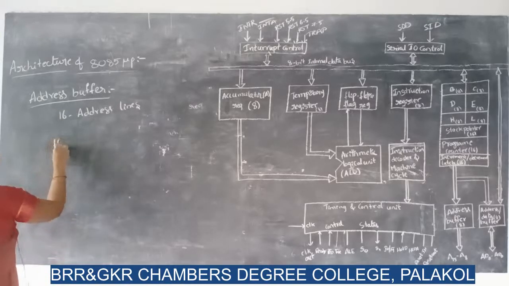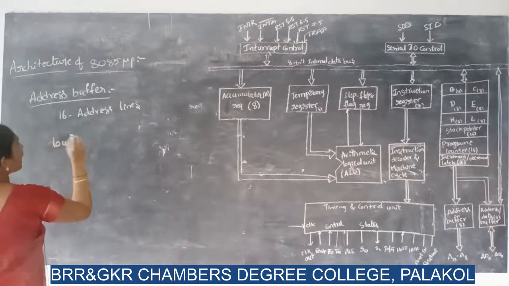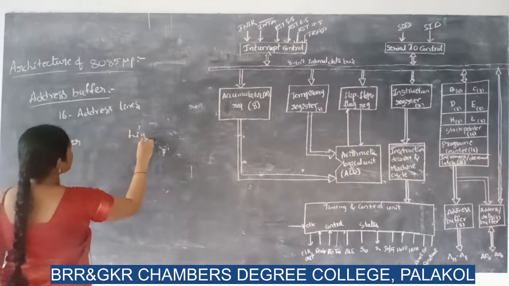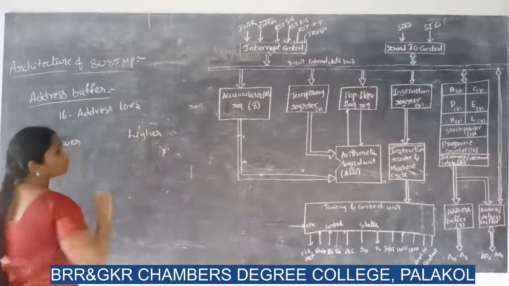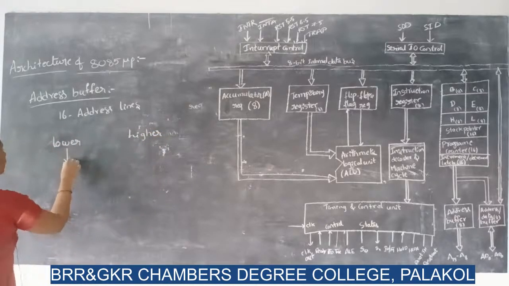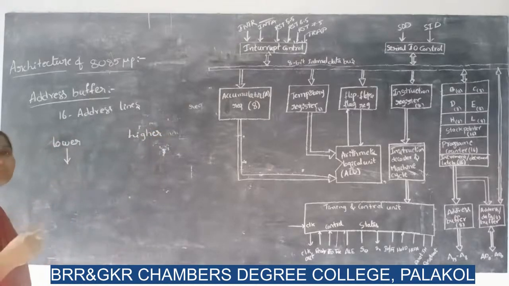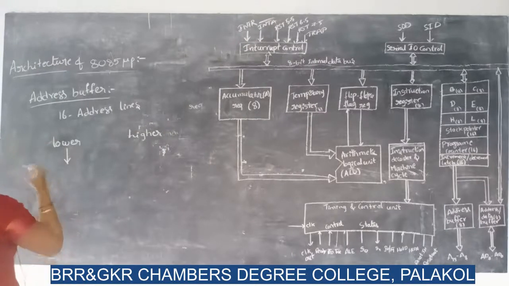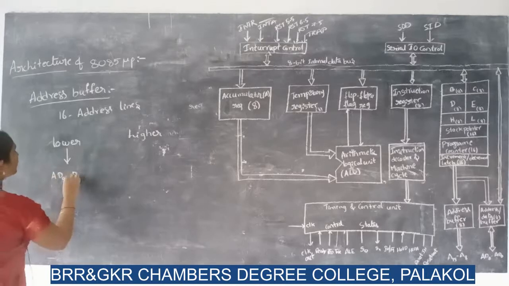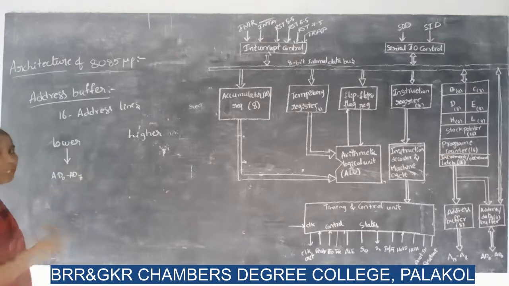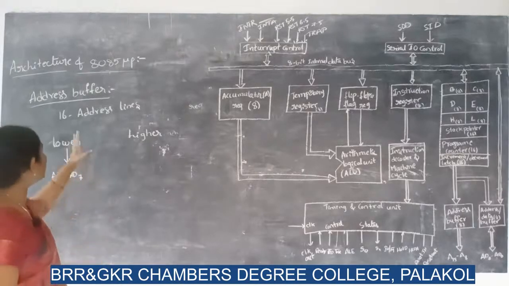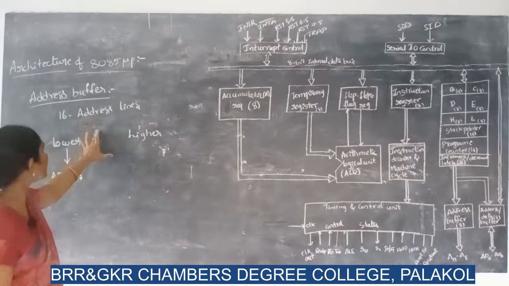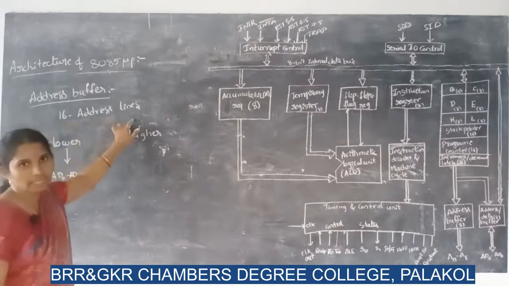First one is the lower order address lines and the second is the higher order address lines. These lower order address lines are multiplexed with the data lines, those are AD0 to AD7.